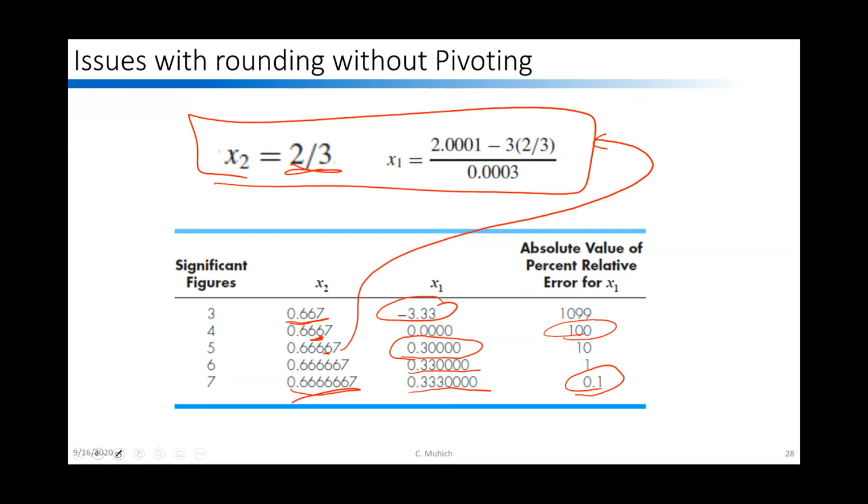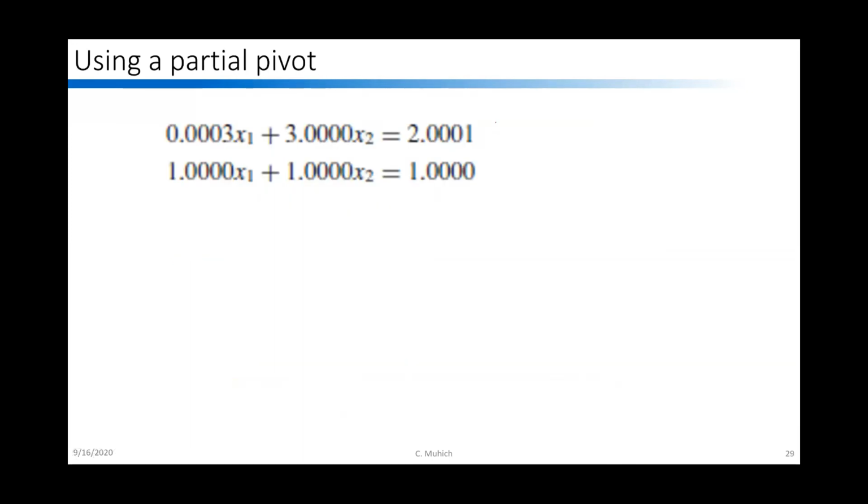Now let's see what happens if we pivot. So once again, we have these 2 equations written out, but we'll notice that the first column of the second row is bigger than the first column of the first row. So what I'm going to do is take that equation and stick it up top.